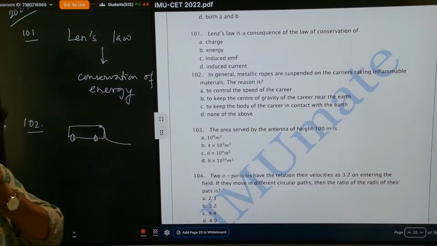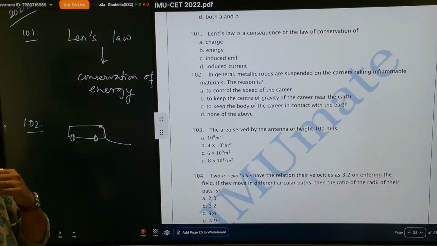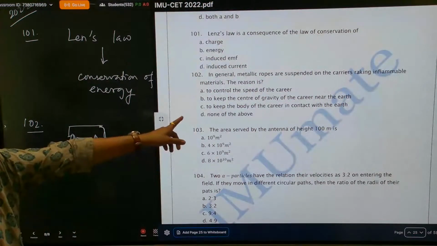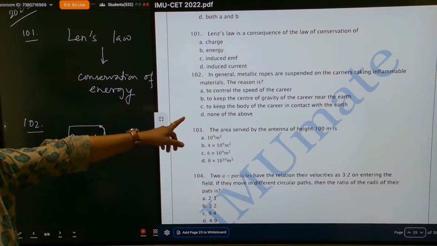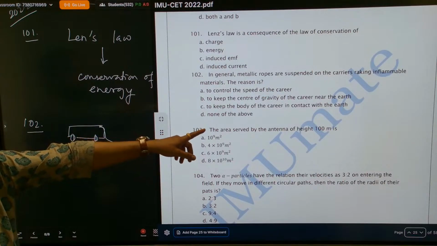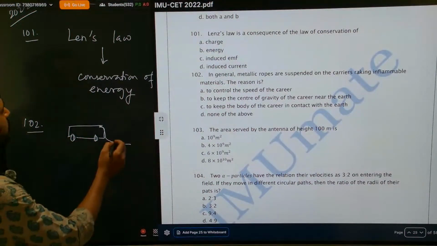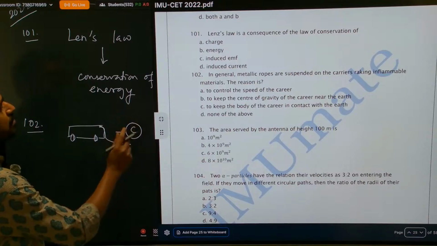Why? To keep the body of the carrier in contact with the earth, because a certain amount of electricity will get generated, and heat will also get generated. So that static charge has to pass out, so the carrier body is kept in contact with the earth. Option C. I'm not writing down the options again.